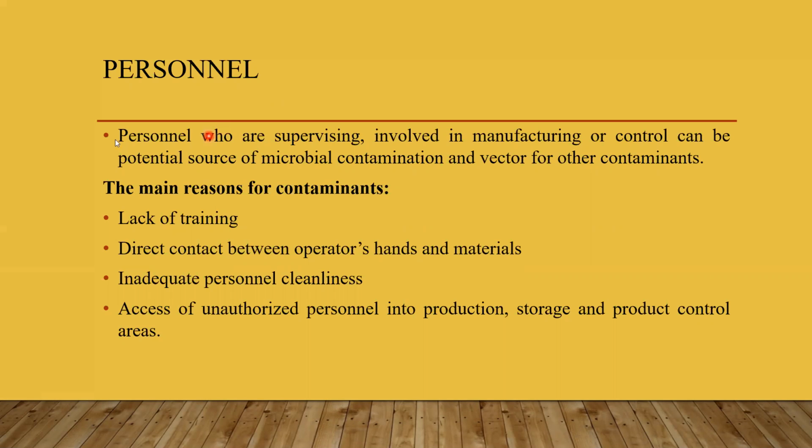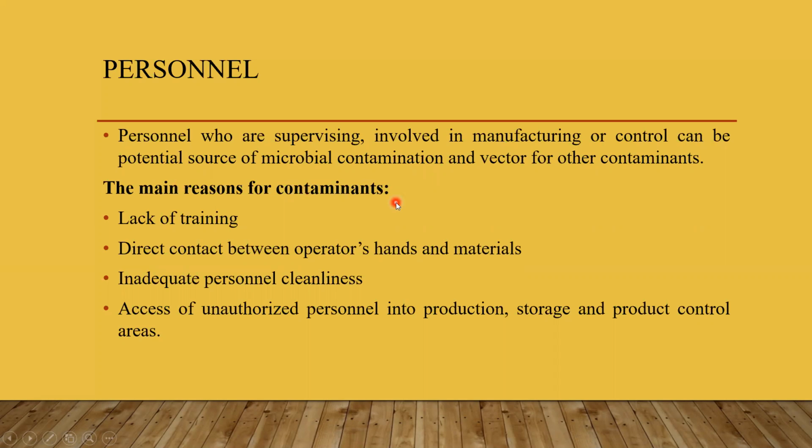In this first point, personnel who are supervising the formulation, other persons involved in manufacturing, or in controlling the quality of the formulation, persons in the quality control department, quality assurance department, and packaging department can be a potential source of microbial contamination. They are all potential sources of microbial contamination, and they are a particular vector for other contaminants also.